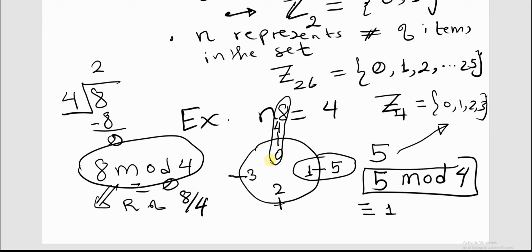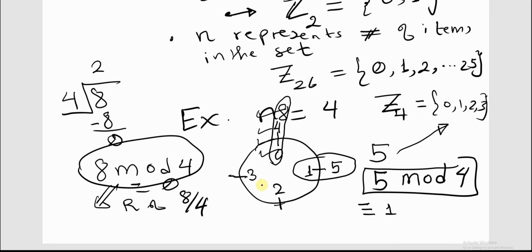That's why when we looked at those numbers, 0, 1, 4, and 8, as appears here, 0, 1, 4, 8, all these numbers have something in common between them, and that's why we call them equivalent or congruent. They are equivalent to each other in mod 4.